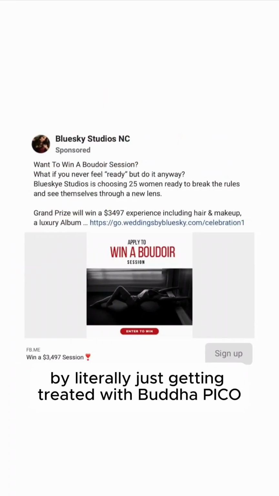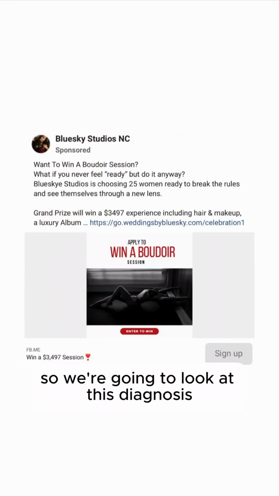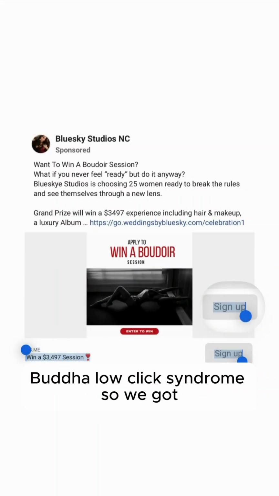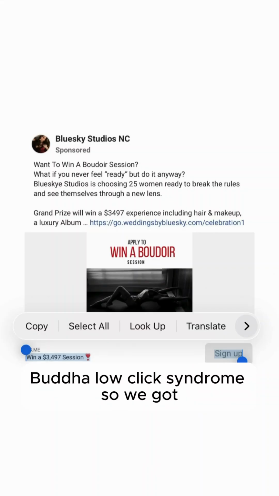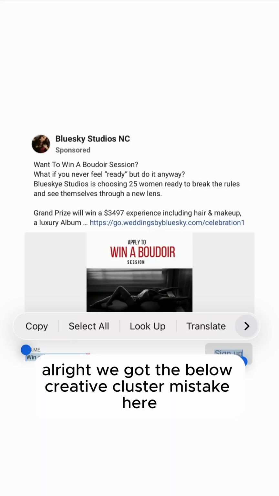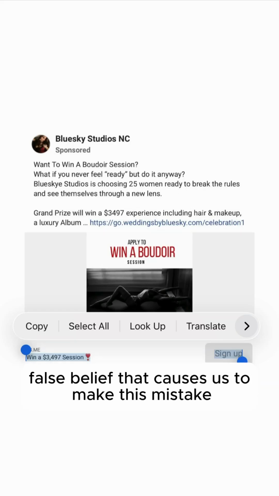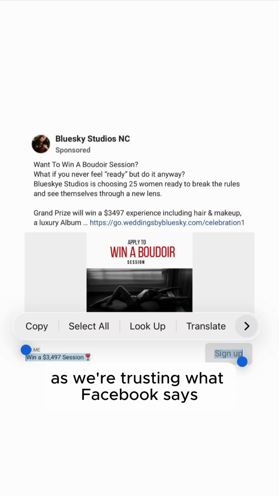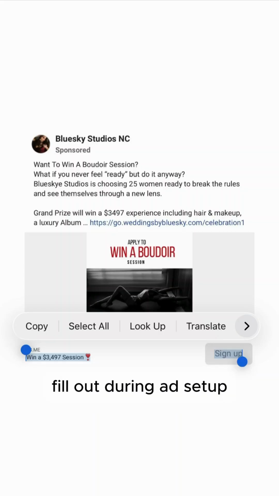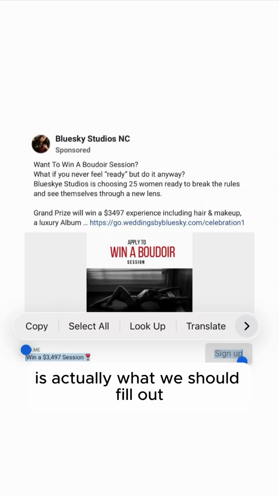Treated with Boudoir Pico. So we're going to look at this, diagnose it, see if we believe it has BLCS, Boudoir low click syndrome. So we've got the below creative cluster mistake here. The false belief that causes us to make this mistake is we're trusting what Facebook says, that all these fields we should fill out during ad setup is actually what we should fill out.